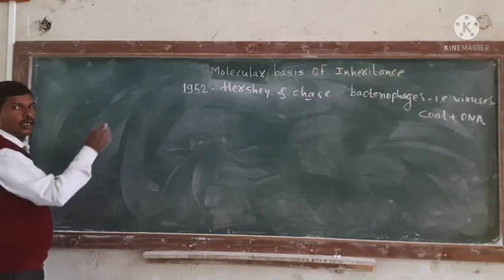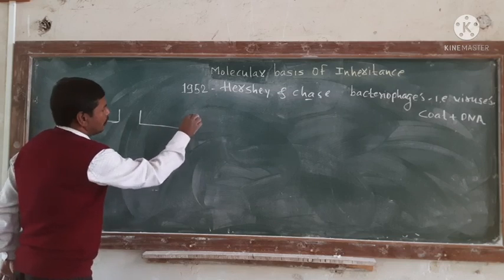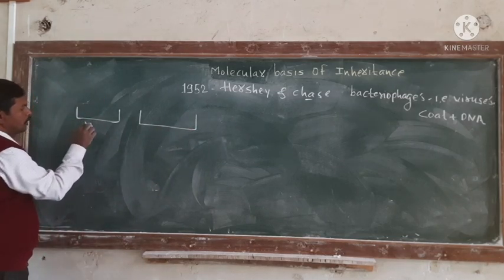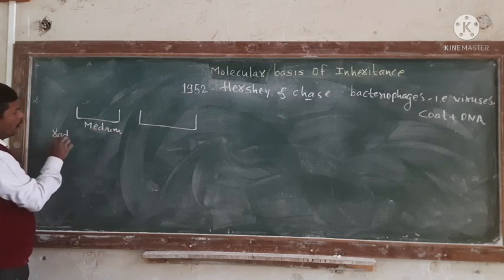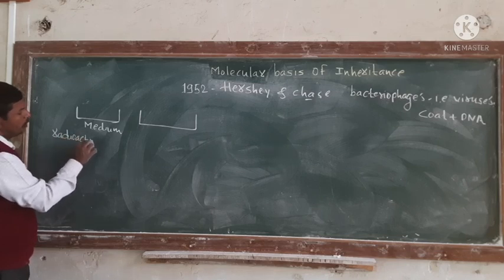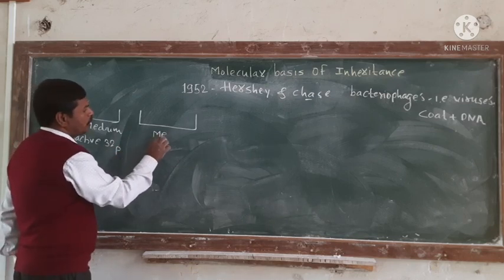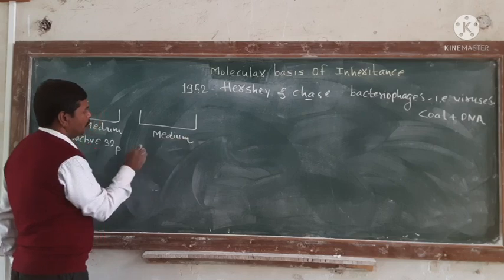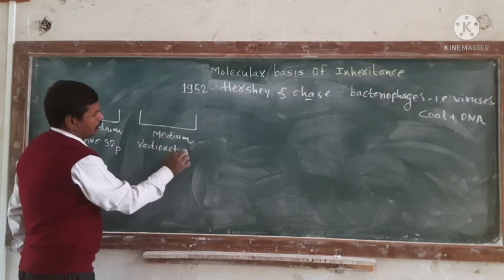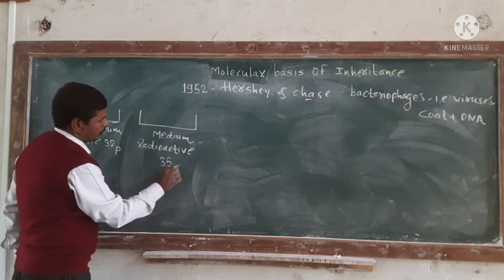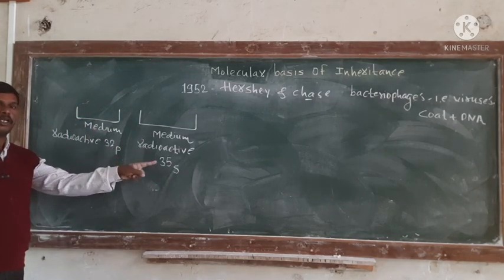Now see how they proceed. First, they complete the growth of that particular virus on two different media. One is a medium with radioactive phosphorus, and the second is a medium with radioactive sulfur.